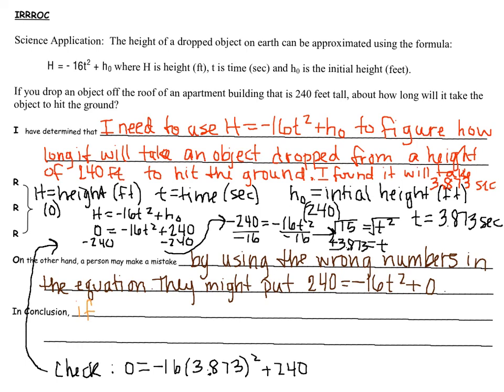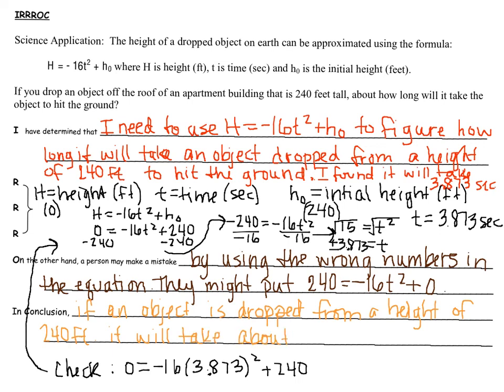If an object is dropped from a height of 240 feet, it will take about 3.873 seconds to hit the ground.